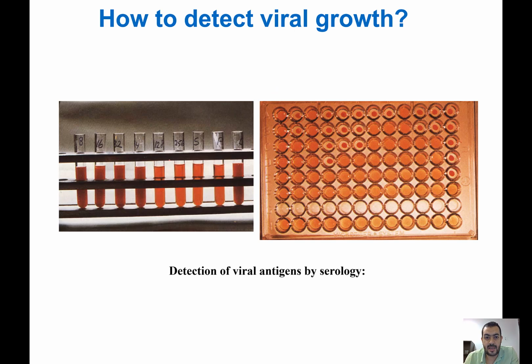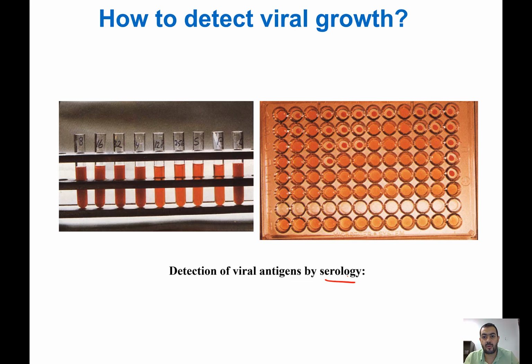You can use this antigen-antibody interaction without the microscopy part when we move on to something called serology. So serology is the part of science which involves the use of antibody to detect the presence of antigens. And as you know, viruses contain antigens because they are foreign to our bodies.